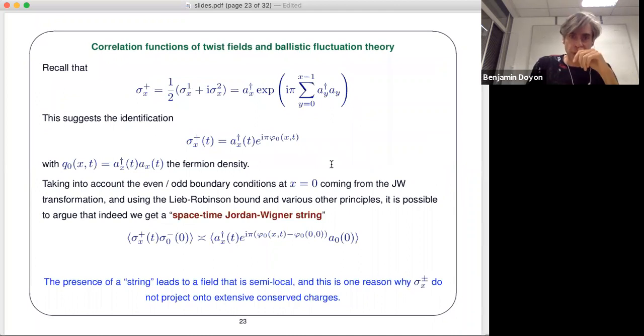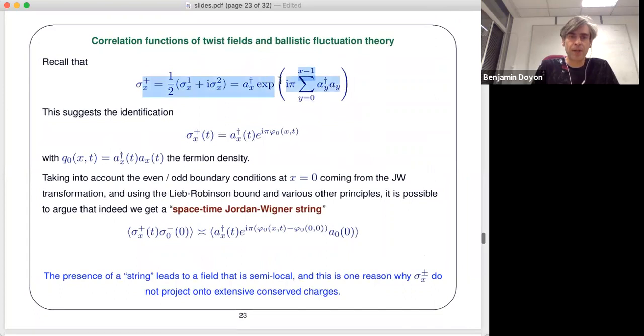Now, how do they connect with the sigma plus sigma minus of the XX model? Well, this is by the Jordan-Wigner transformation. Essentially, what you get is the Jordan-Wigner string. So more precisely, sigma plus by the Jordan-Wigner transformation is a dagger and an exponential i pi, a sum of a dagger a. This a dagger a is just a conserved fermion density.